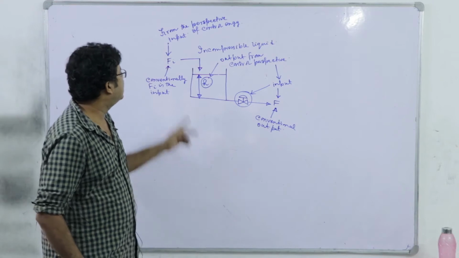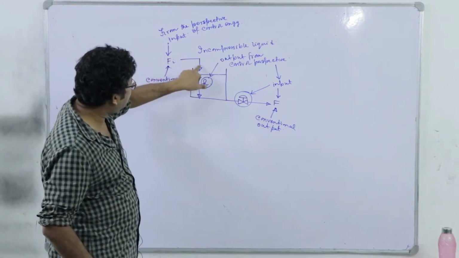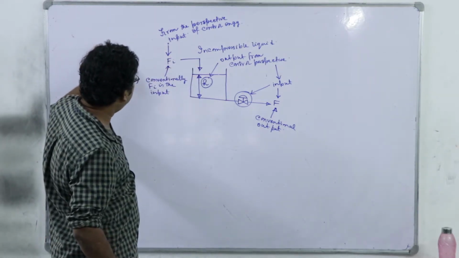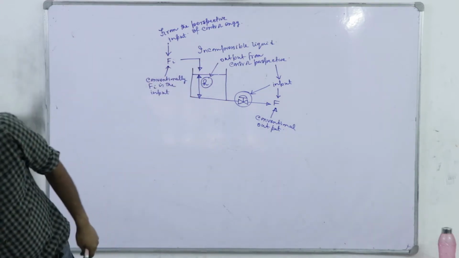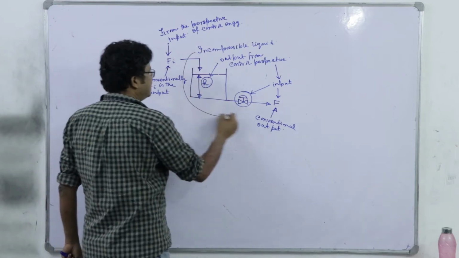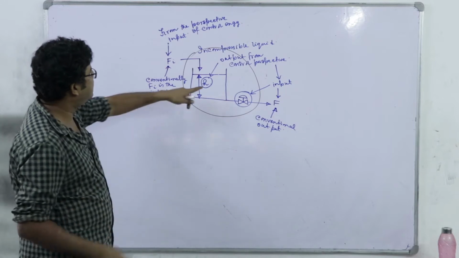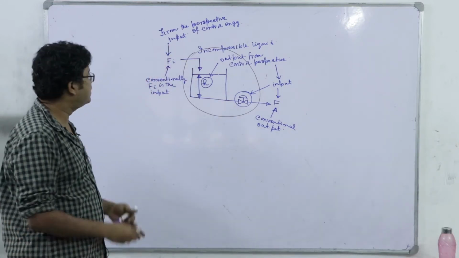What is that? If I think of the tank and we don't have any valve here in this line, whatever is in the far upstream, we are not bothered about it. If I focus only in this much of region, we can see that there is a valve fitted in the output line, but there is no valve in the input line.